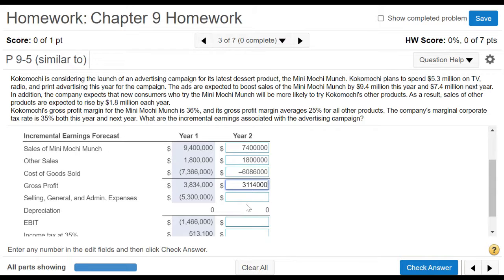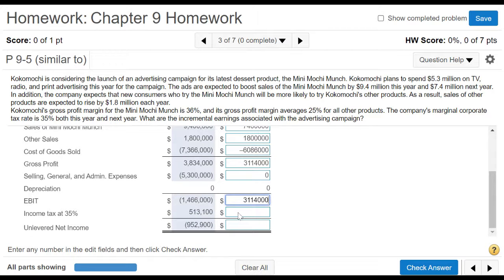Now this one, you had nothing here, zero. So we're going to bring down this 3,114,000. Now what's 35% of that? $1,089,900.